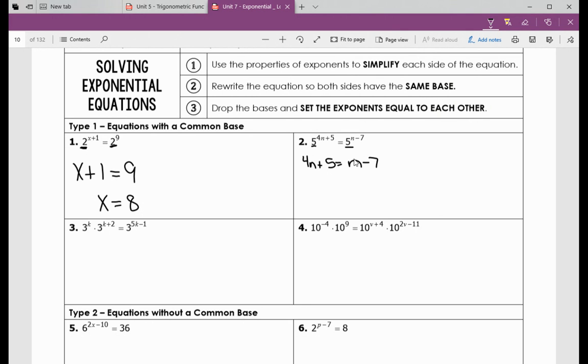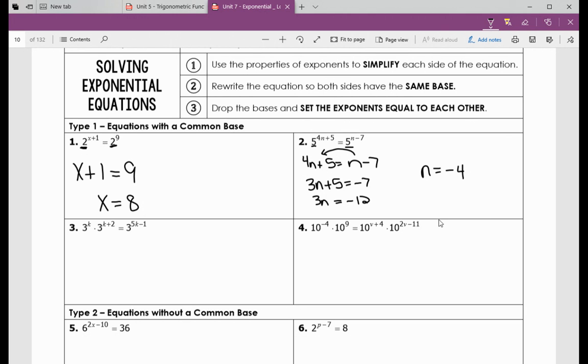I'm going to move that n over, so that gives me 3n plus 5 equals negative 7. I move the 5 over, that gives me negative 12, and when I divide, I get n equals negative 4. Everybody okay with that one?